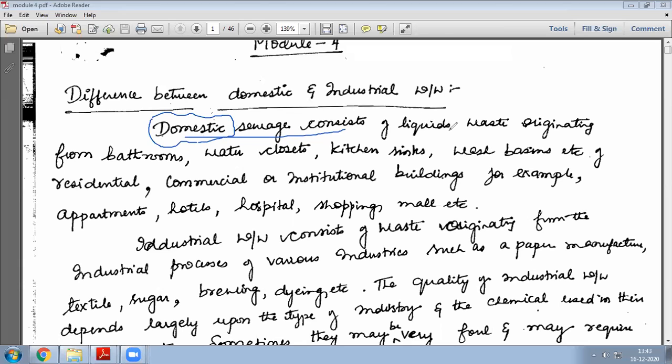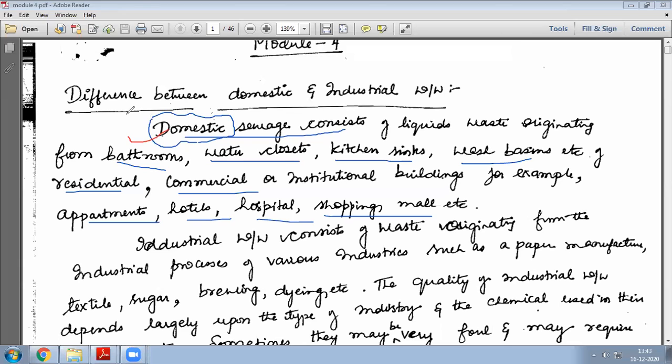The sewage waste coming from that is called domestic waste. The sources they have listed out here: water closet, bathroom, kitchen sinks, wash basins, residential and commercial, like apartments, hotels, hospitals, shopping malls. So the waste generated from these we call domestic waste.